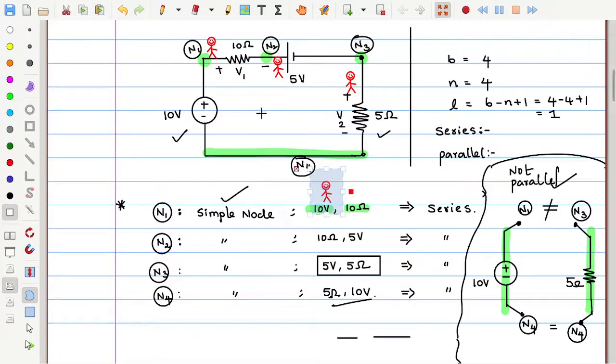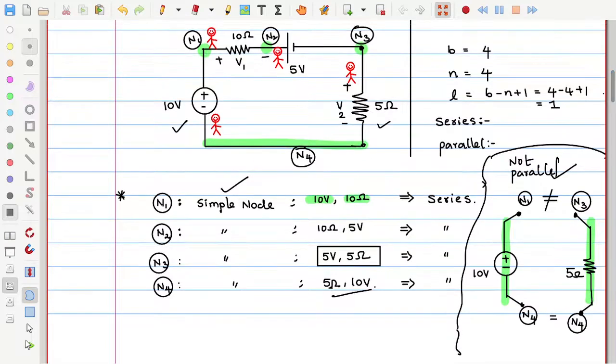Positive. Then further he reaches over here, traveling in this clockwise direction. What kind of voltage is he seeing? Negative. That is Kirchhoff's voltage law: simply adding up all these and putting them in that person's bag. The first branch voltage is V1, the second branch is plus 5.